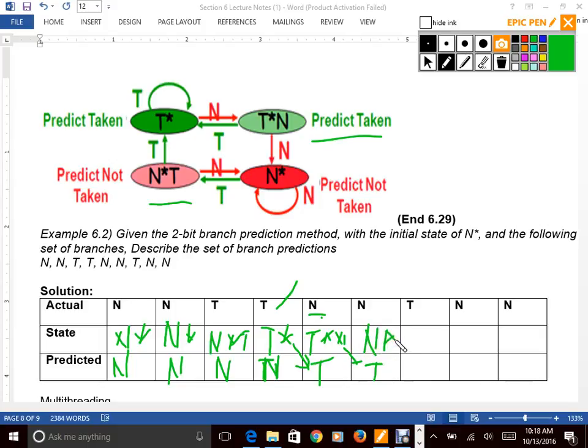See how this works? If you know the finite state machine, you can just follow along with it. And here we're going to guess N. It's taken, so we end up in N star T. We predict N. But since we were in N star T and we're N, now we go to N star. Likewise, we predict N, and we still end up in N star. See how that works?